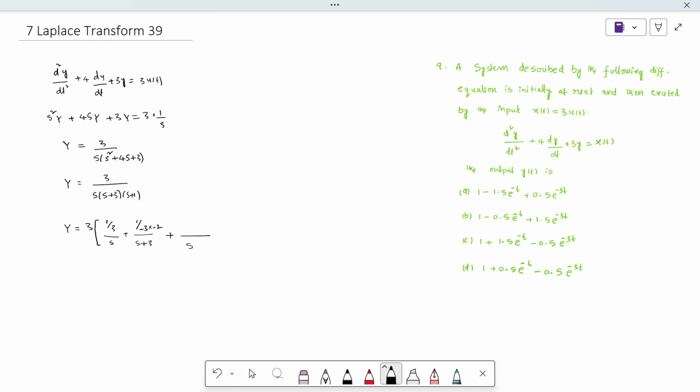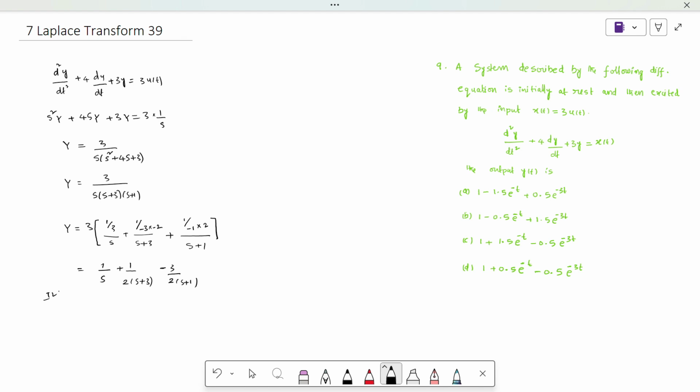Next, for s plus 1, substitute s equal to minus 1: minus 1 into (minus 1 plus 3), which equals 2. Take the 3 common, so we will get 1 by s; 3 into 1 by 3 gets cancelled. Now this is minus 1 by 2 into (s plus 3), and next it is 3 by 2 into (s plus 1).